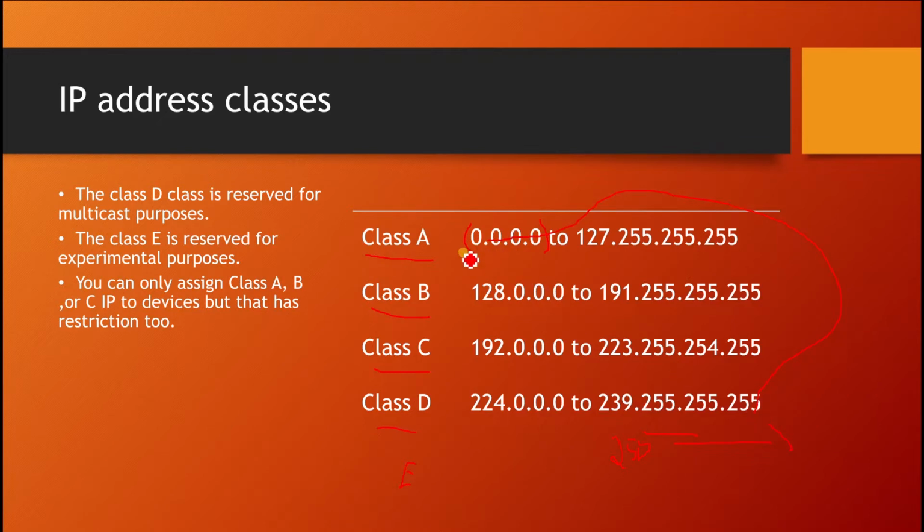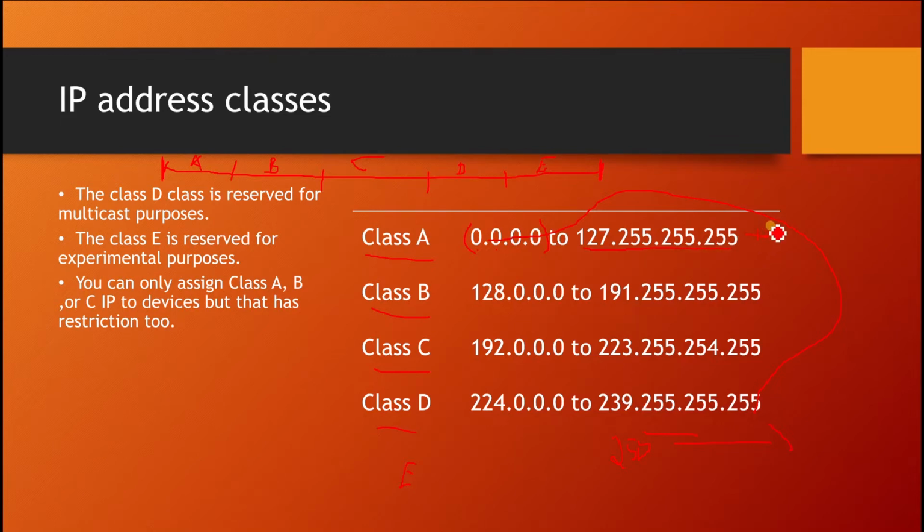But then we divide this range into multiple ranges. It all starts here at 0.0.0.0 and goes up to 255.255.255.255, but then we break it into multiple ranges like this, right? So this becomes class A, class B, class C, class D, and then class E. We divide them into multiple classes. The class A range is from 0.0.0.0 to 127.255.255.255.